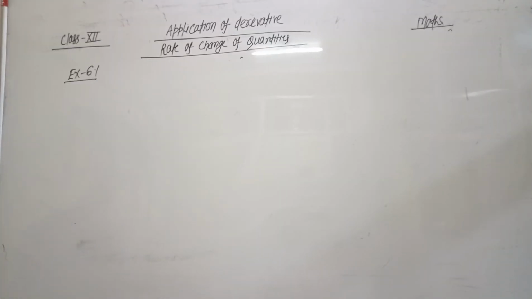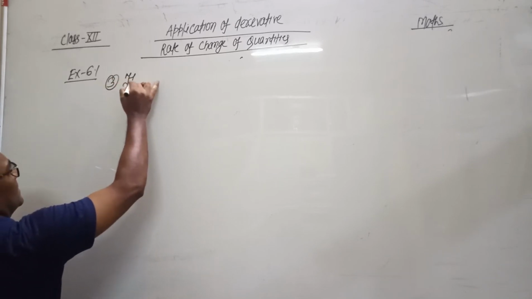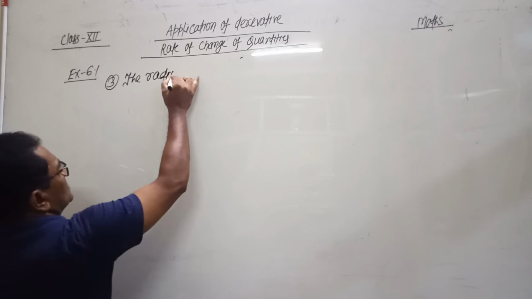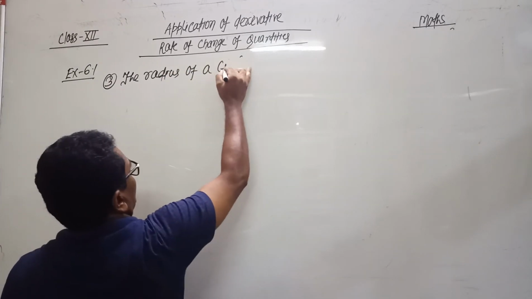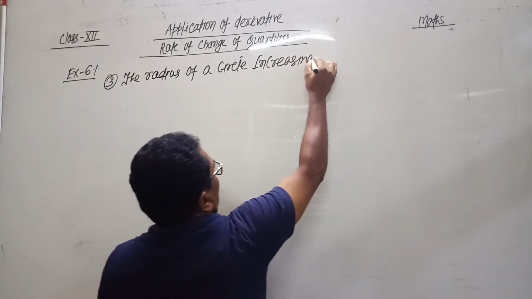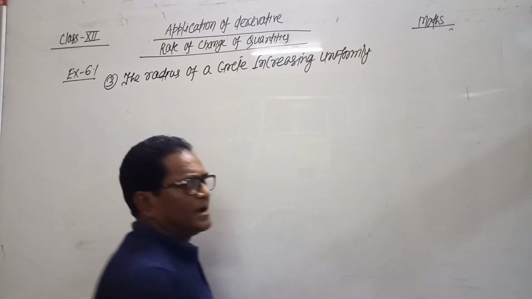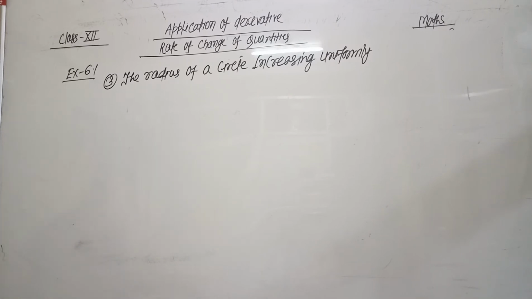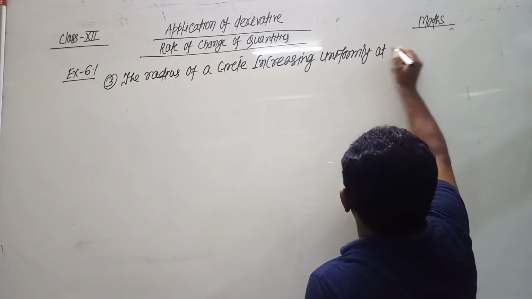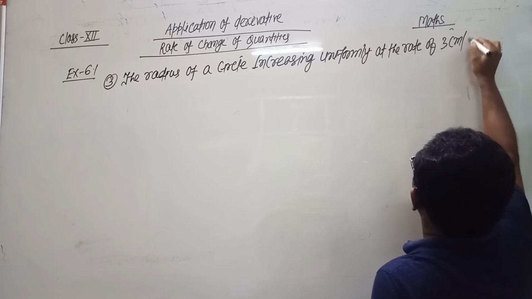See question number 3. The radius of a circle is increasing uniformly at the rate of 3 centimeter per second.